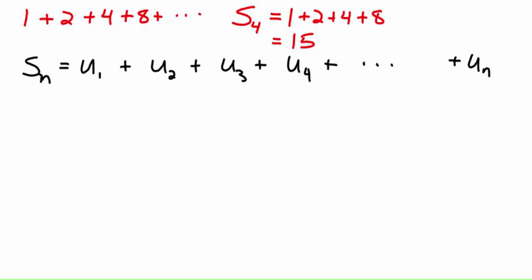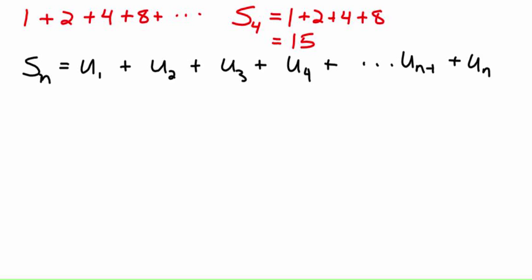I do that because it will make more sense as we start adding all these things together. So this has all of our terms listed out, but there's no commonality between them: u of 1, u of 2, u of 3.